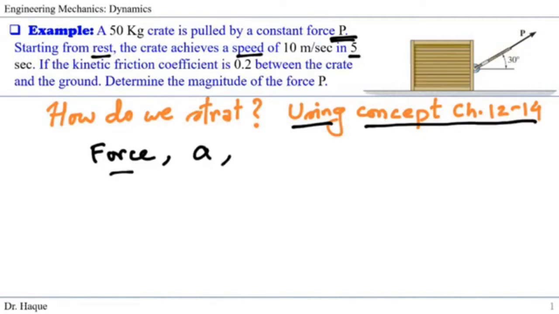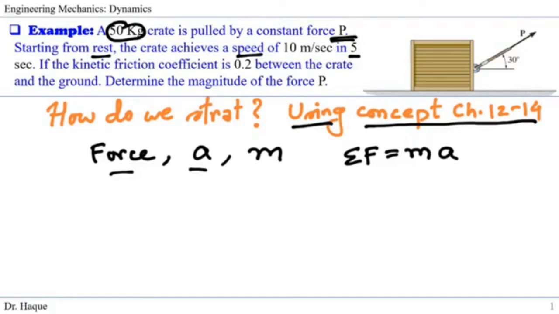And force and acceleration, what is the relationship between those? I also have mass, m. So F equals m a, does that click something? Oh yes, we can use the equation of motion: summation of force equals mass times acceleration.